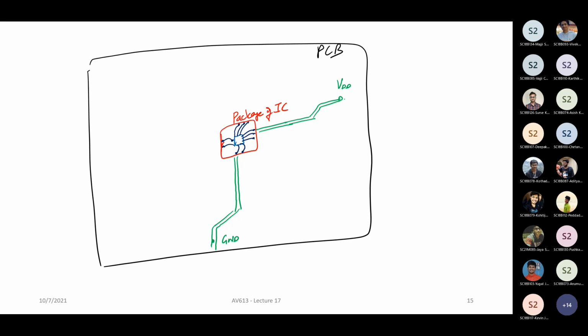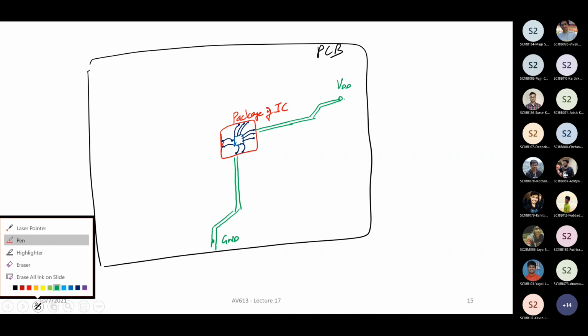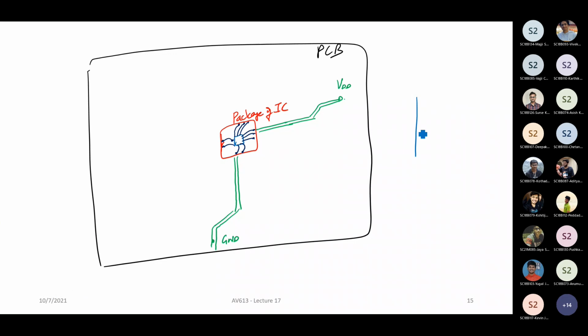Now, for the die, the actual circuit, this blue colored thing, let's say this is your IC. Let us say you have some transistors sitting here, and this is your ground line, and then you have a lot of stuff happening here.